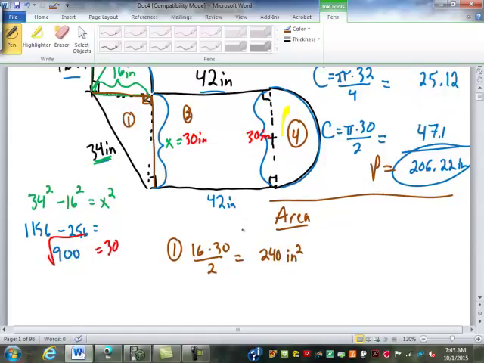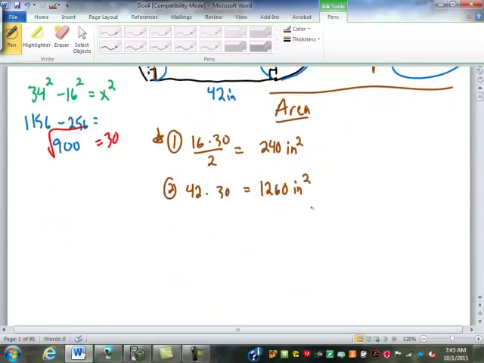The rectangle, of course, is going to be 42 by 30, otherwise known as 1,260 square inches. Why did I not divide that one by 2? It's a rectangle, yeah. This one was a triangle, that's why we had to divide by 2. Area 3.